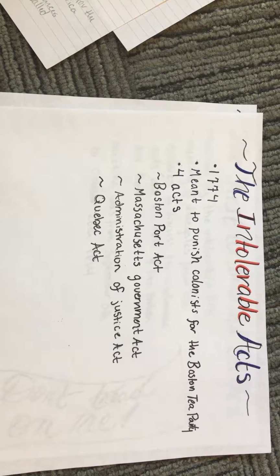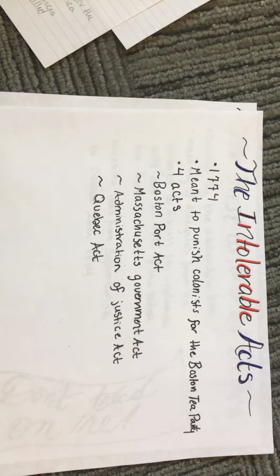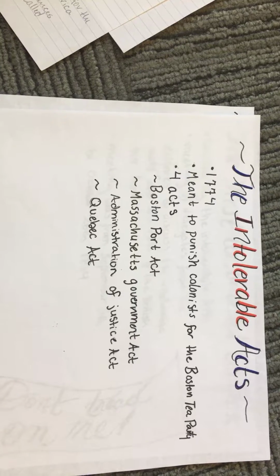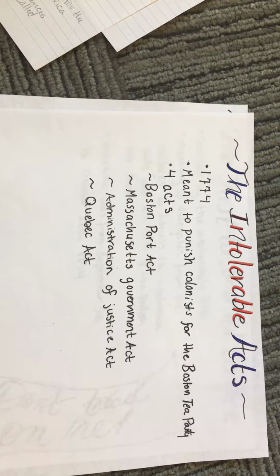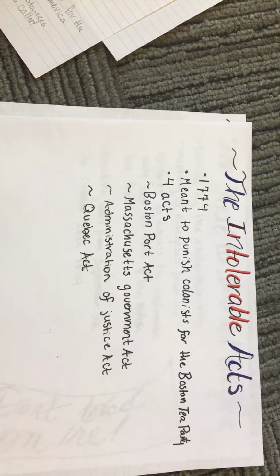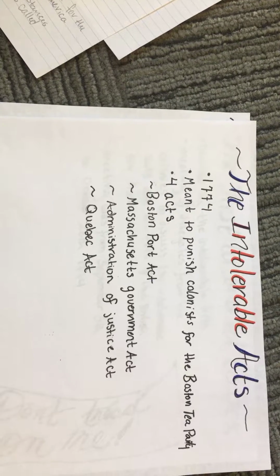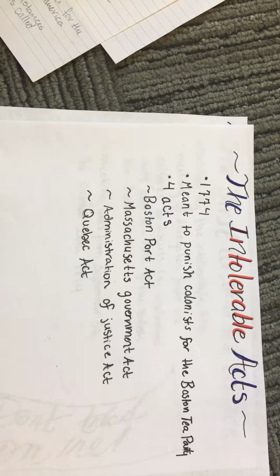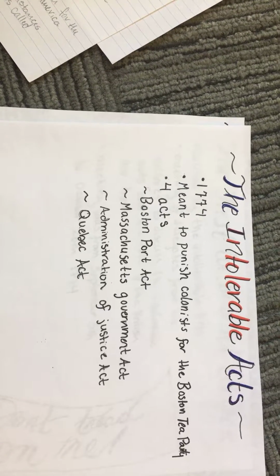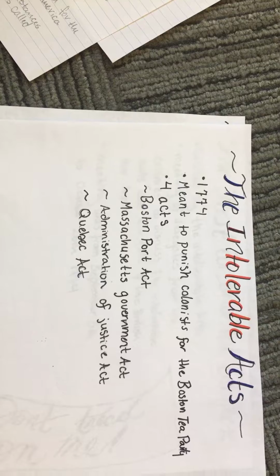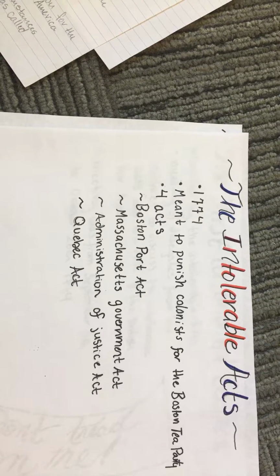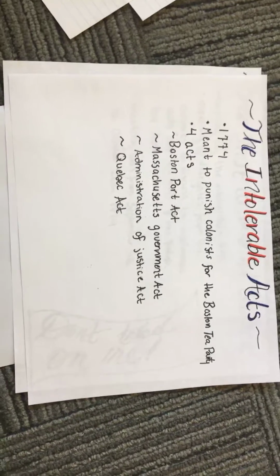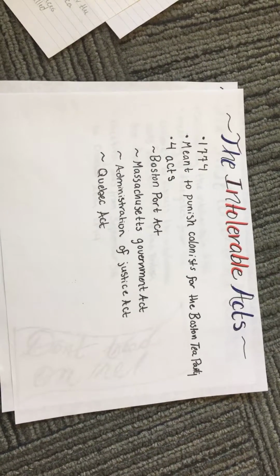It consisted of the Massachusetts Government Act, which was an act for better regulating the government of Massachusetts, and the Administration of Justice Act, which administered justice in the case of questioned people about any acts done by them for suppression of riots, and the Quebec Act, which is an act for making effectual provision for the government of the Province of Quebec in North America.